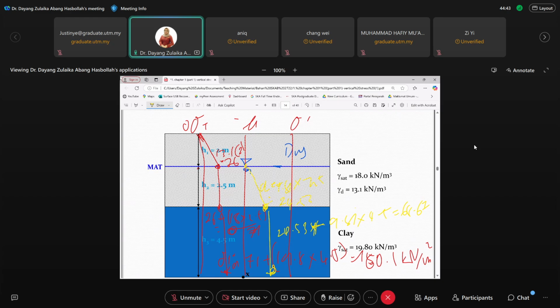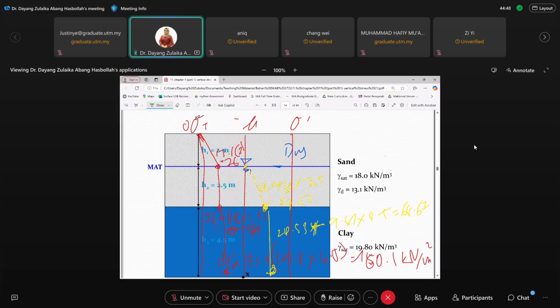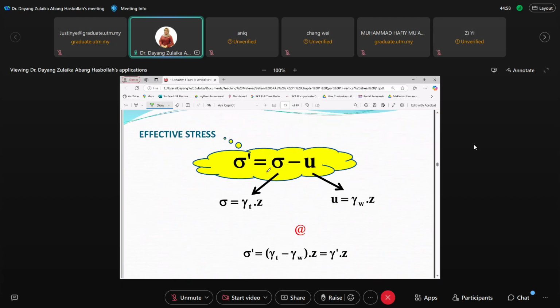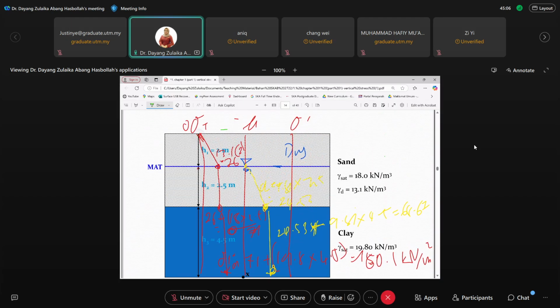Now, how are you going to get the effective stress? Let's use another color for effective stress. You already have the total stress, you already have the pore pressure, so you just minus. Why minus? Do you see this? To get effective stress, we just take total stress minus pore pressure. So 0, 0, 0 here. This one has no pore pressure, so you start at 0 here. To the next layer, 26 minus 0, so you get 26 here.